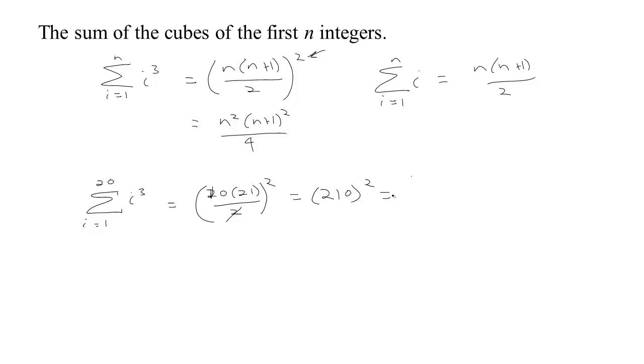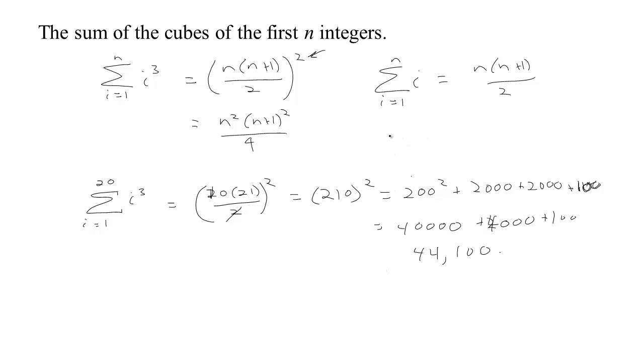That's a pretty big number. 200 squared plus, multiplying this out, 200 times 10 would be 2,000 plus another 2,000 plus 100. 200 squared would be a 4 with 4 zeros behind it. So we have 44,100 is the sum of the first 20 cubes.